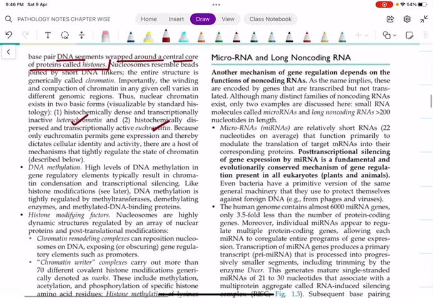Out of all those post-translational modifications, which help in regulating these processes, DNA methylation is extremely important. Why? Because it results in a phenomenon called transcriptional silencing.